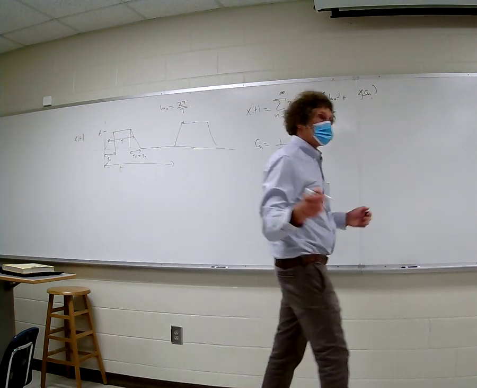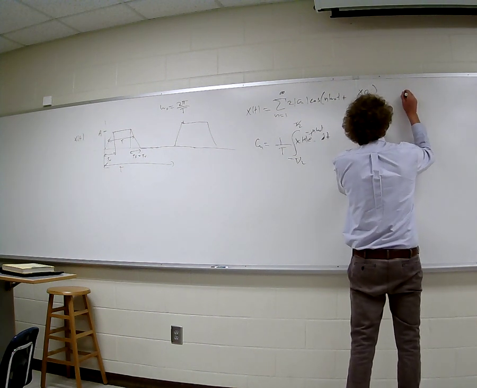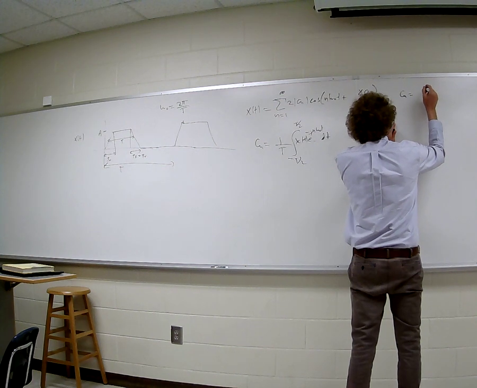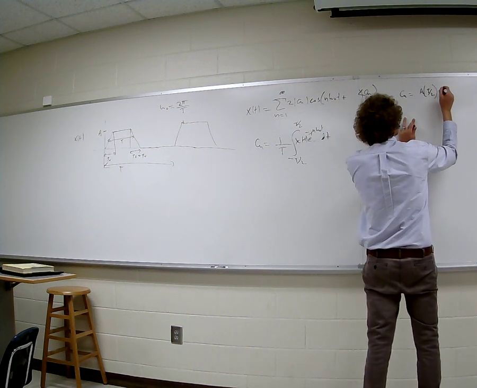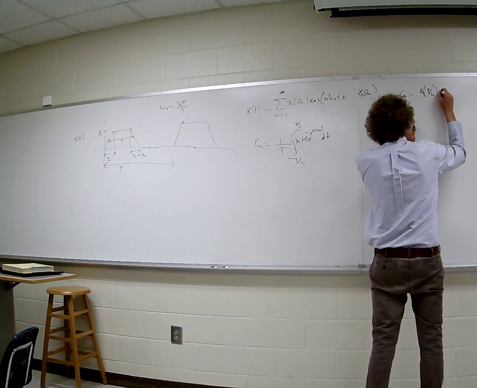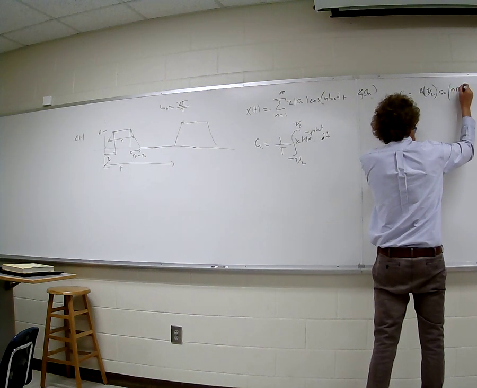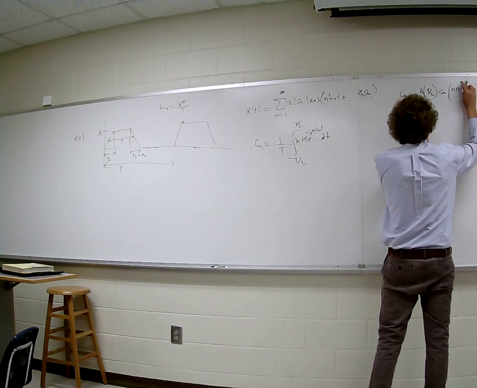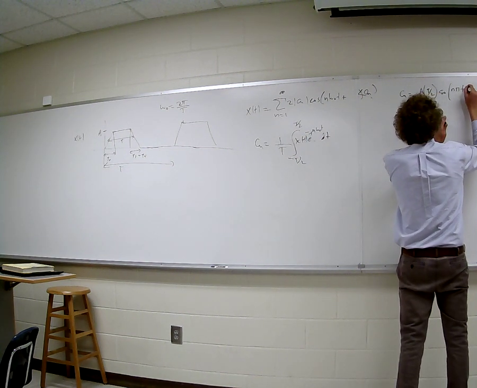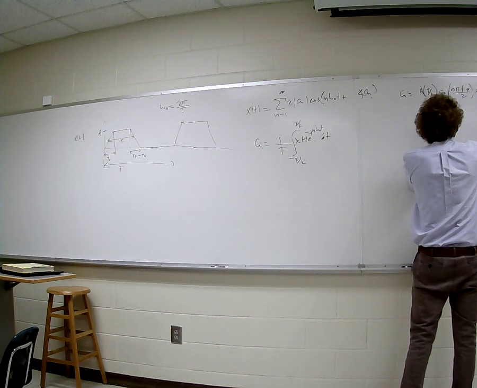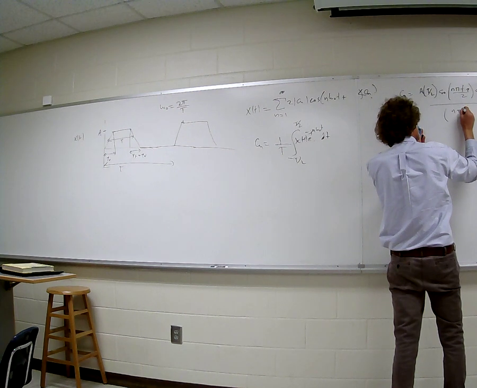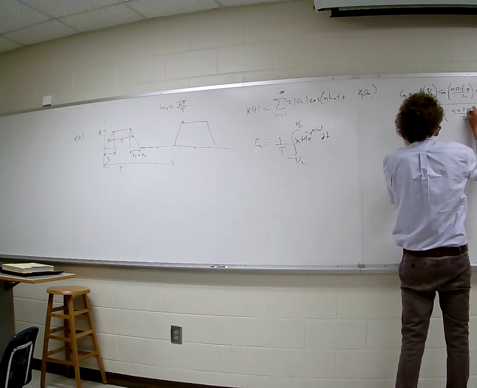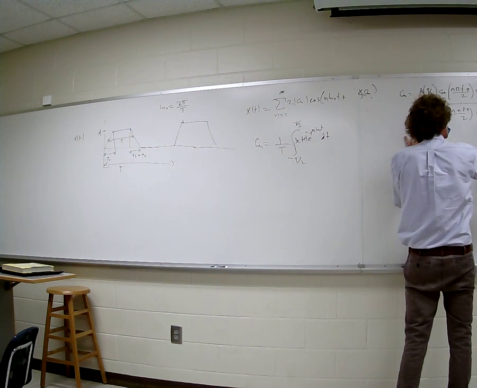Once I do all this, if we look at the envelope of these values, we get c of n is equal to, and if you remember this, there was going to be an A times tau over 2, and then times the sine of n pi f tau over 2 over n pi f tau over 2, times the sine of n pi f tau rise over 2 over n pi f tau rise over 2.